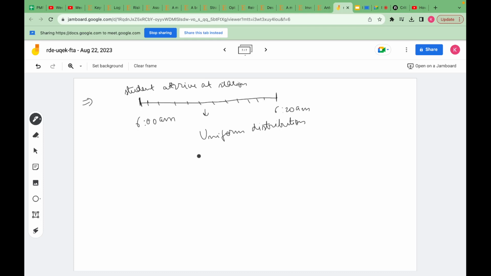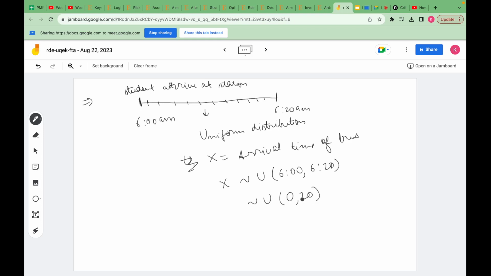Okay, so now we will try to answer the questions. So we can say that this x is the arrival time of the bus, where x is uniformly distributed from 6 to 6:20, or we can say it's a uniform distribution from 0 to 20.